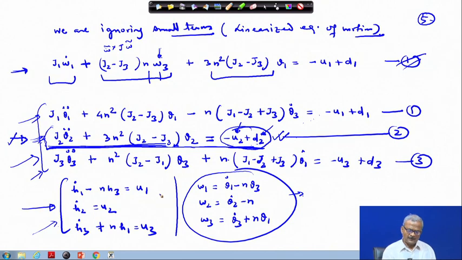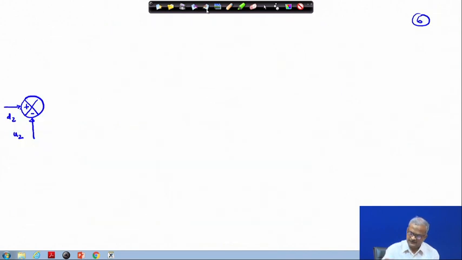So, if we take the Laplace transform of equation 2, what we are going to do is the s domain representation.